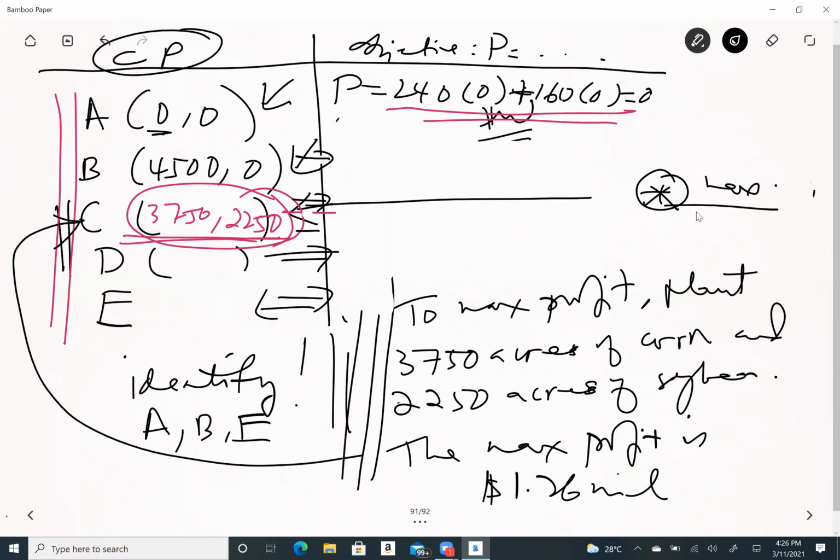All right, so that is example number 2. Now we want to do another example.